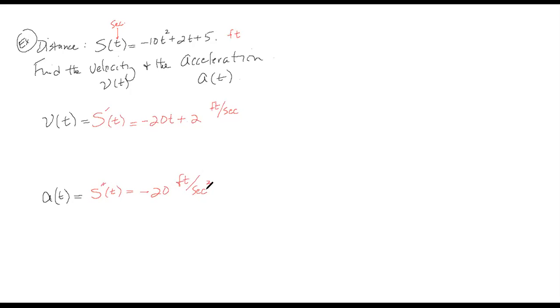So make sure when you're doing these applications, look for the units that they have given you in the problem, and you do give me the answers with the units, okay? So velocity is feet per second, acceleration will be feet per second squared.